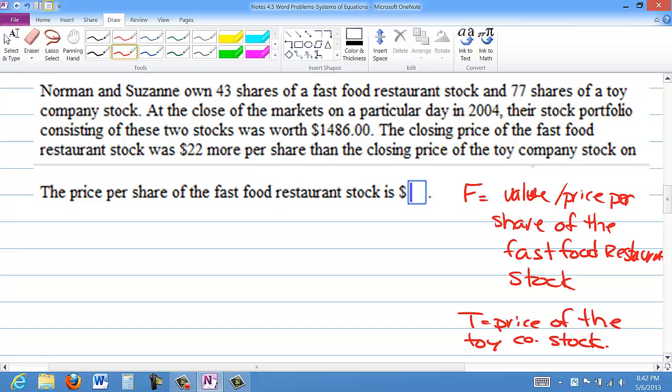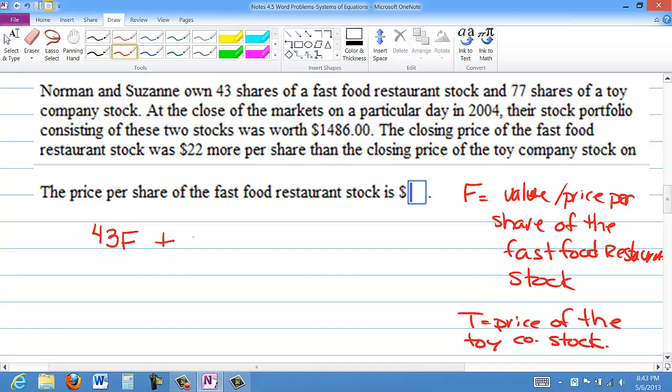Since this is a value problem, our main equation is going to deal with the total value. I have 43 shares of the fast food restaurant, so I'm going to take the 43 shares times the price per share of the fast food restaurant. So the number of shares times the price per share.